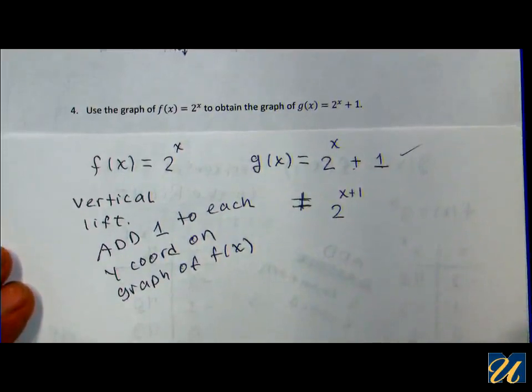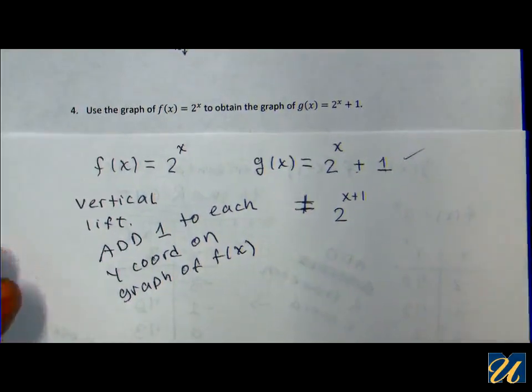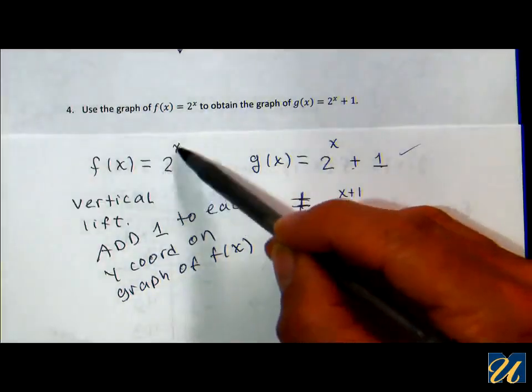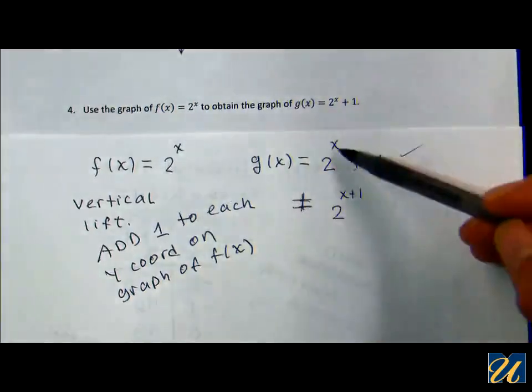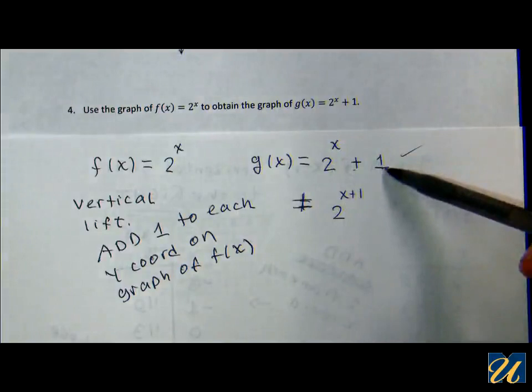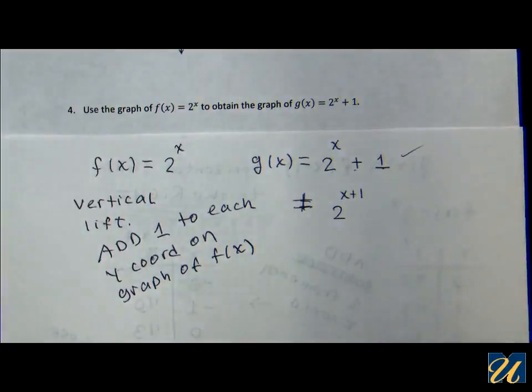So this is truly a vertical rise. So we look at the graph of 2 to the x. We could make ordered pairs, yes, and then we'd add 1 to every single y coordinate. We use the same values of x, but the y coordinate will be 1 more. For instance, when x is 1, 2 to the 1 is 2. When x is 1 here, we get 2 to the 1 is 2, but plus 1 more, and so now we get 3. So it lifts up the y coordinate by 1.